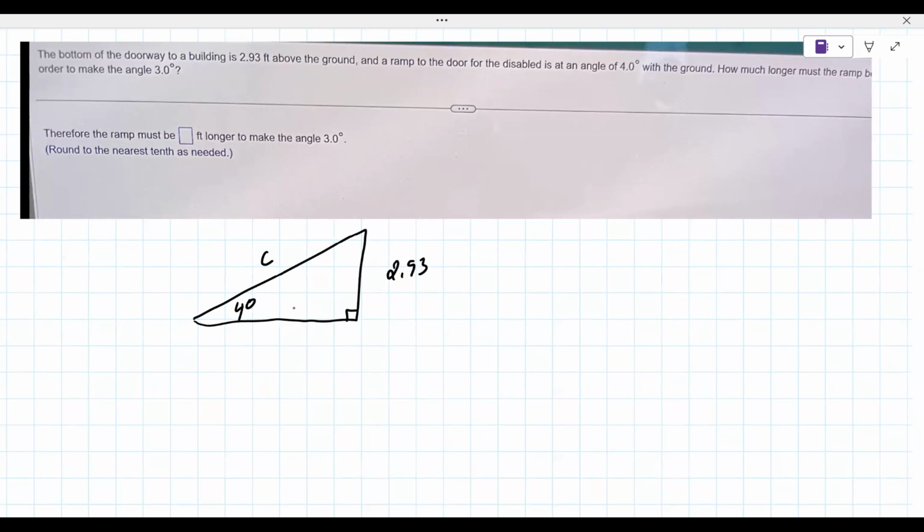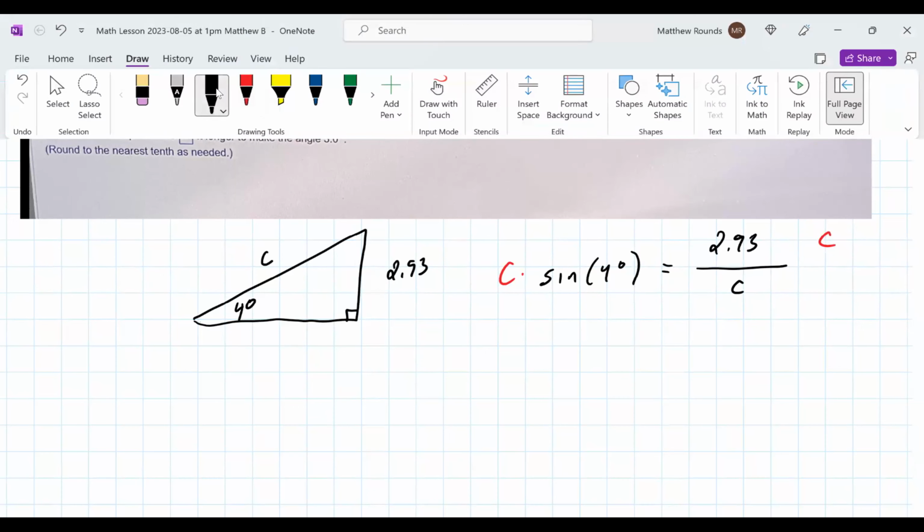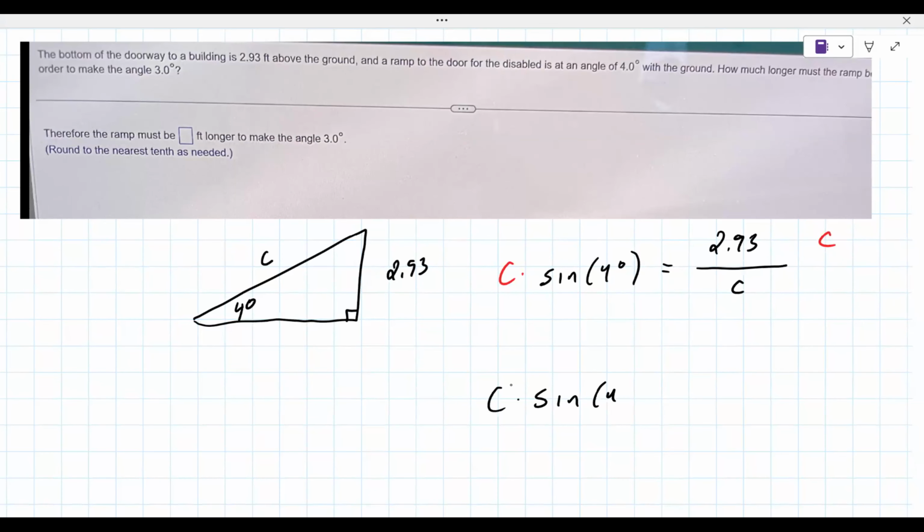So which trig function would we use if we have the opposite and the hypotenuse? Sine, cosine, or tan? Sine, yeah. So the sine of 4 degrees, and you've got to make sure your calculator's in degrees, is 2.93 over C. If you don't remember how to solve this, what you typically do is multiply both sides by C to clear the C, and then you divide by the sine of 4.